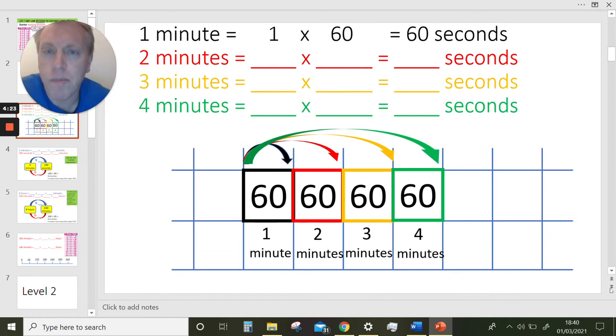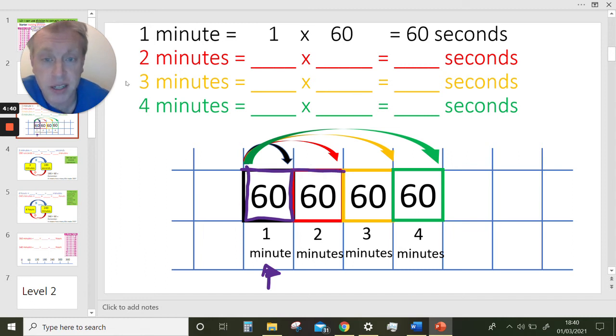Remember what we've been learning? When we used a bar model, we saw 1 minute. We drew 1 bar to represent 1 minute. We put 60 seconds inside. 1 minute, 1 times 60 is 60 seconds.